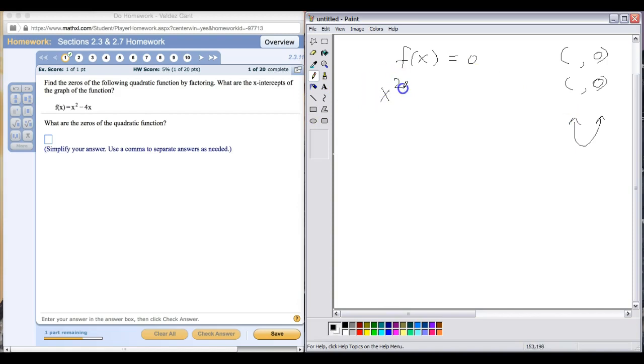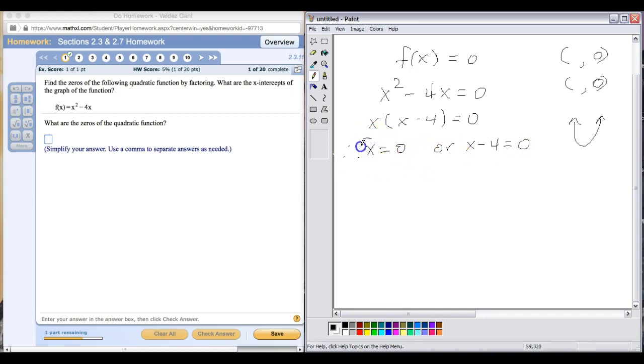So if we set our function equal to 0, then we can factor out the greatest common factor for both terms. And then from there, using the zero product property, we can say that either x is equal to 0 or x minus 4 is equal to 0.